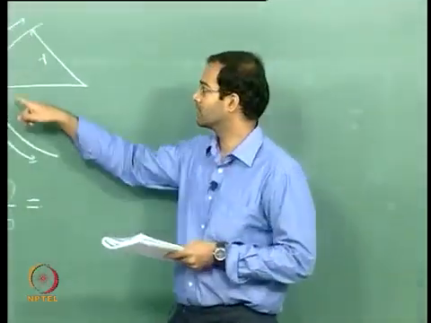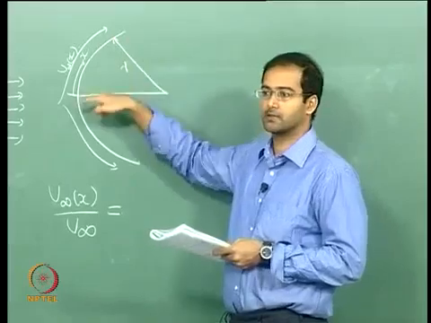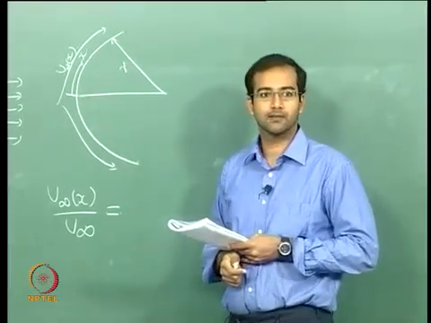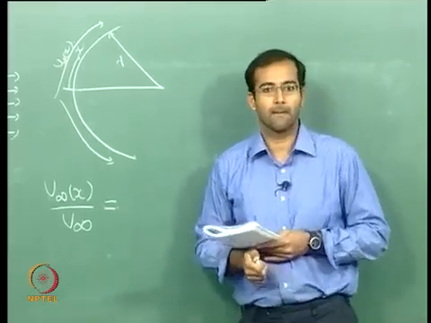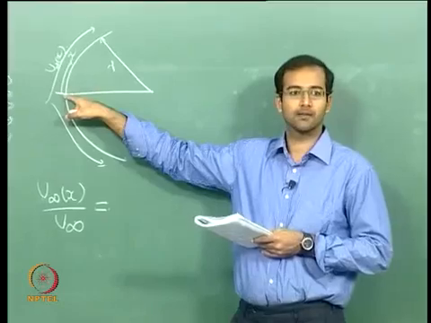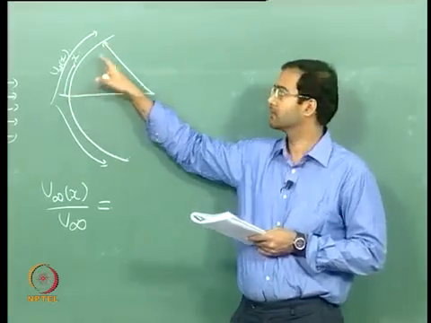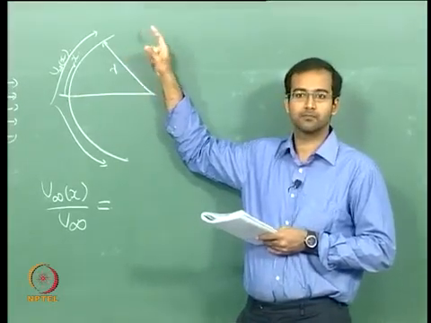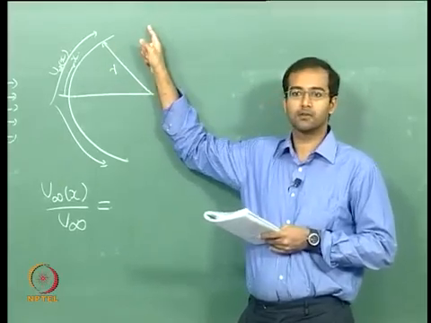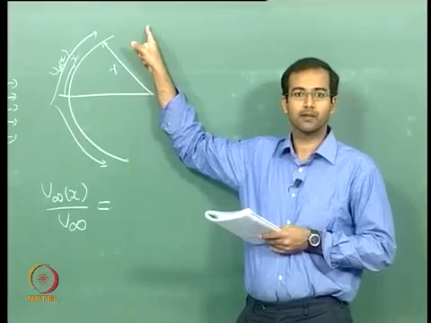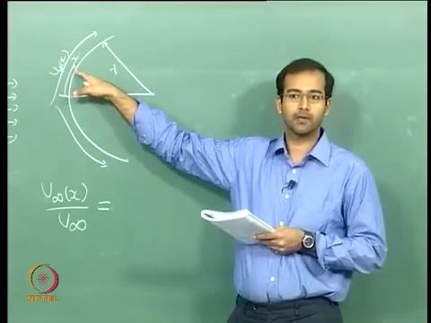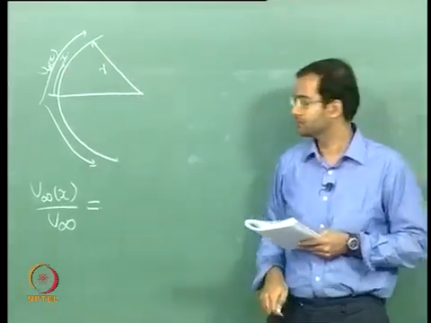If you go along the circumference of the cylinder, how does the local free stream vary? What is the value of velocity here? It has to be 0. And where does it reach maximum? Where theta equal to pi by 2, and x is equal to r theta basically. So x by r should be equal to pi by 2. At that location it becomes the maximum.